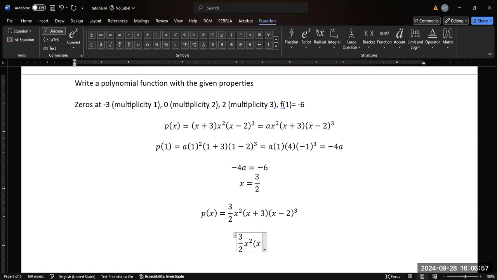And again, I can multiply this out if I wanted to. The tricky part is going to be the x minus 2 cubed. This is going to become x cubed minus 6x squared plus 12x minus 8. And then I will have to FOIL through, we'll do the 3/2 x squared last, of course.